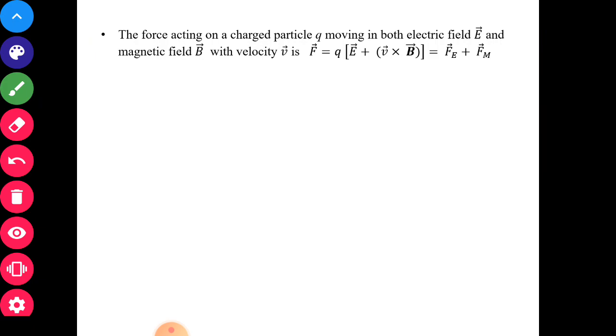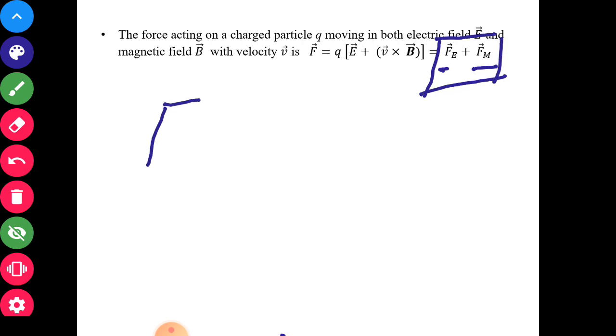And when both the fields are there, then the force acting on the charge will be the force due to the electric field and the force due to the magnetic field. So it will be the combination of Fe and Fm.